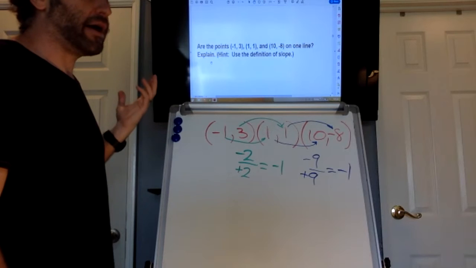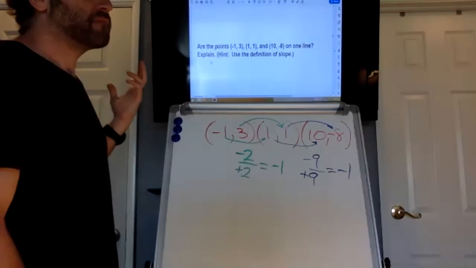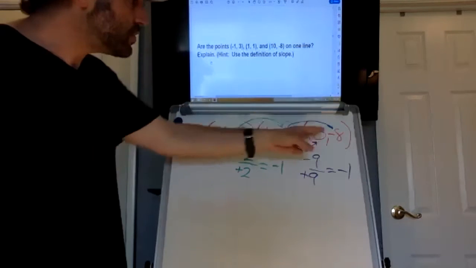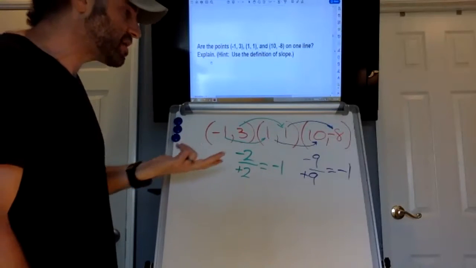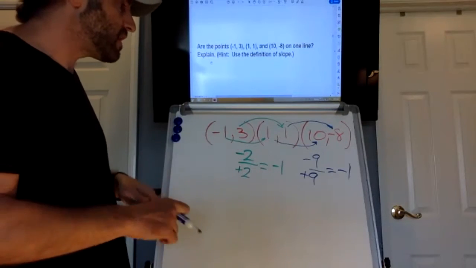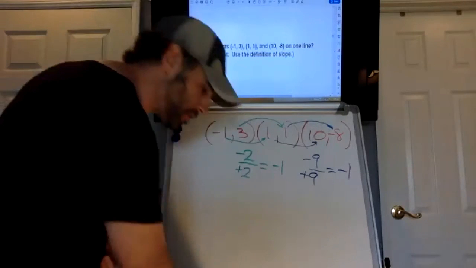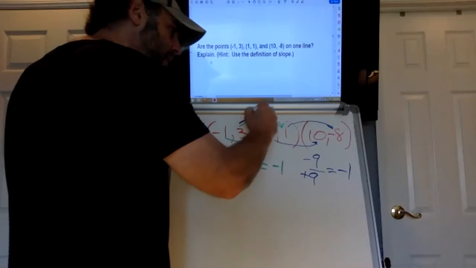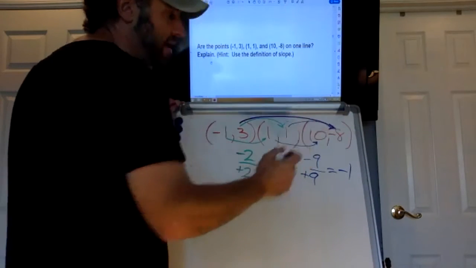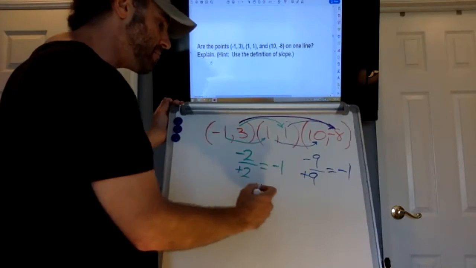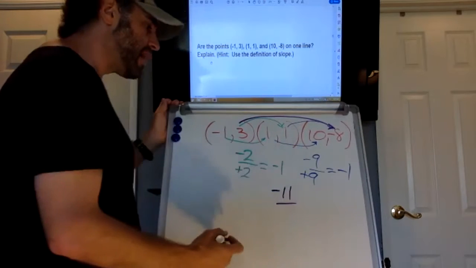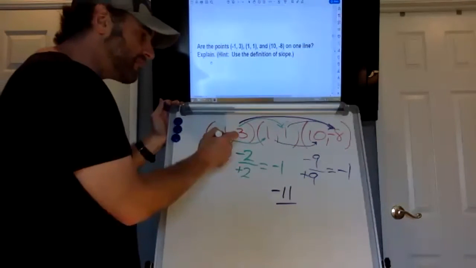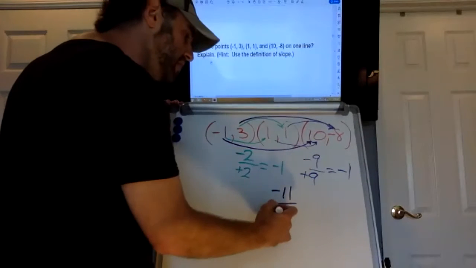Remember that, given a line, the rate of change between any 2 points on the line is constant. What if I did the rate of change between the first point and the third point in purple? To get from 3 to -8, how far do you have to drop? 11. And then to get from -1 to 10, you have to increase by 11.